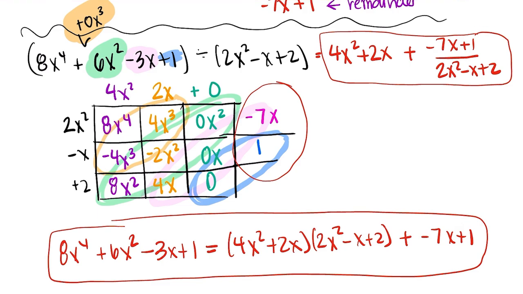And being able to write the division as multiplication is going to make it easier. I think next time is when we start doing the rational root theorem and solving polynomials and all of that good stuff that we did in secondary 3. But being able to recognize it as multiplication makes that easier.